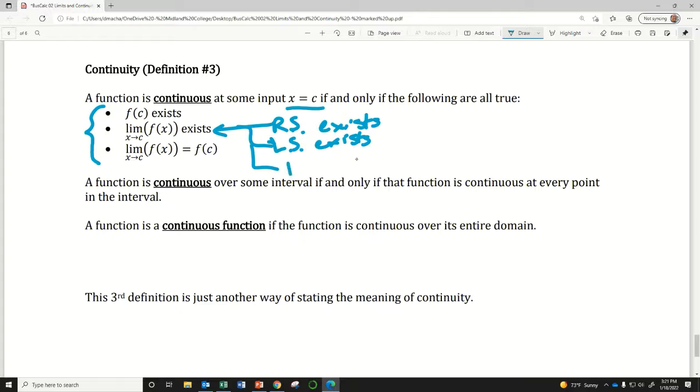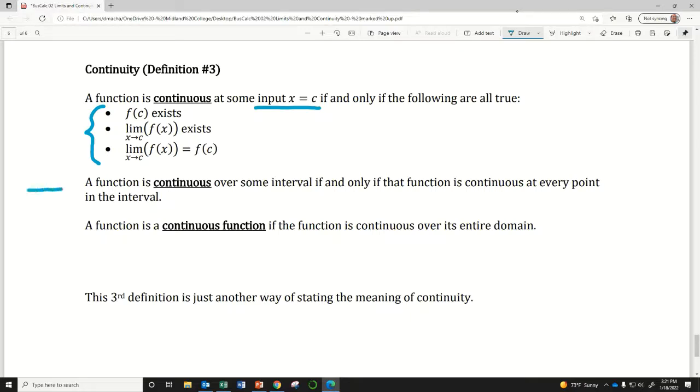And that also implies that the right-sided limit and the left-sided limit are actually equal to each other, right? So it actually means quite a bit to say that the two-sided limit exists for a function at a point. And then the third bullet point here is saying that your two-sided limit is equal to your function evaluated at the same point. That's what it means for a function to be continuous at some specific input.